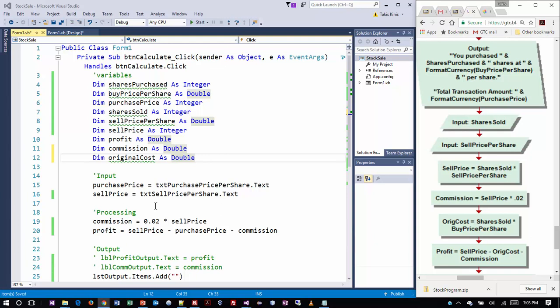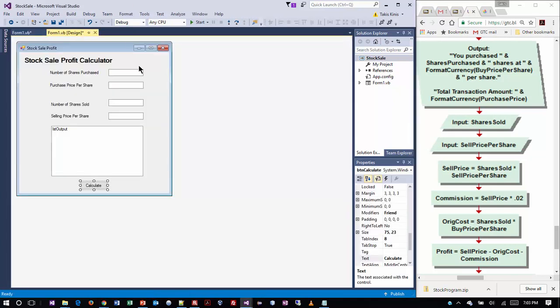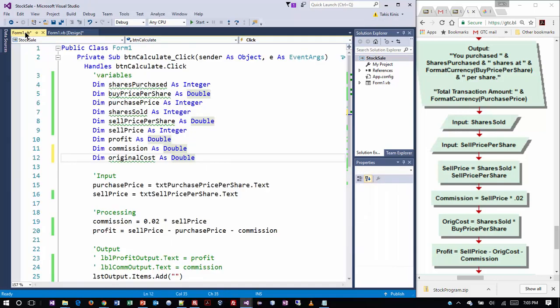Now, I want you to think about this for a second. When we were goofing around with the form before, we had changed the name of our input boxes. Do you remember that? Do you notice that in the code, those changed automatically? When I changed my input box, I don't remember what I called it, I think I just called it purchase price.